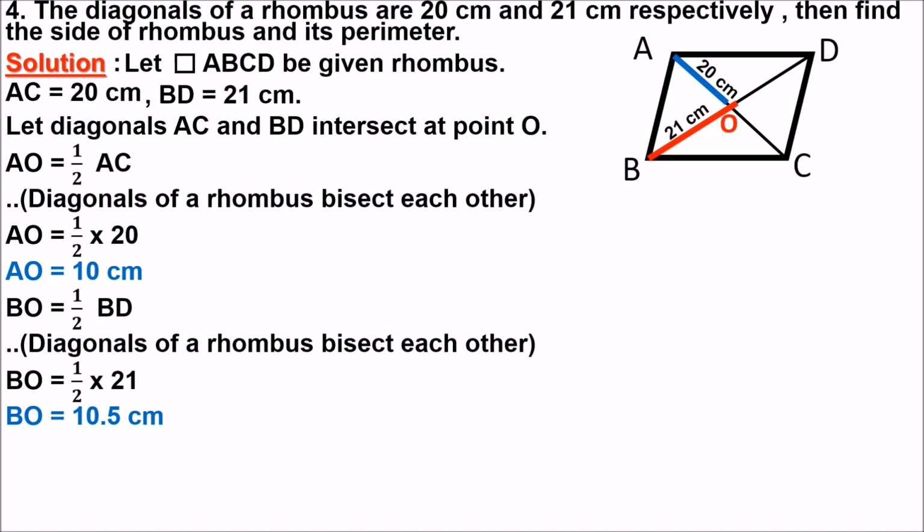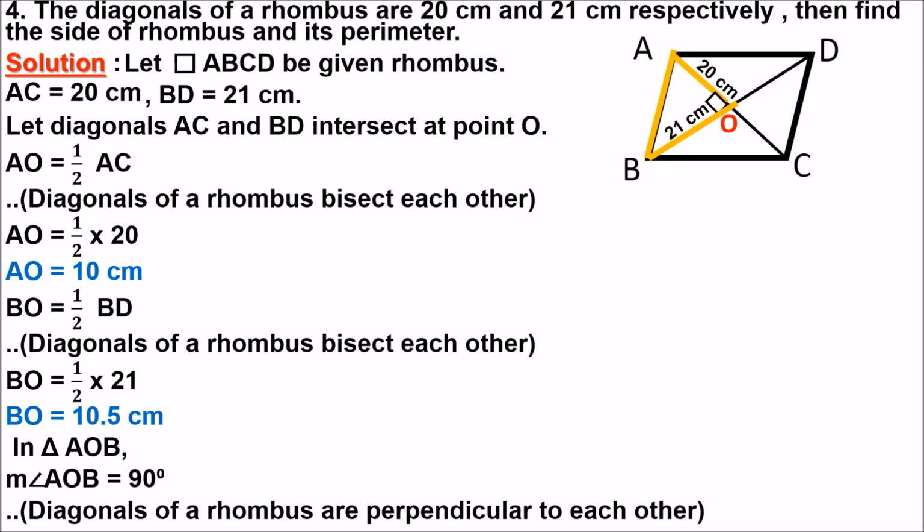Now you can see in the given figure, in triangle AOB, angle AOB is 90 degree. Why is angle AOB 90 degree? Because diagonals of a rhombus are perpendicular to each other.